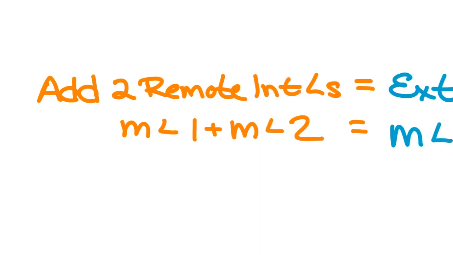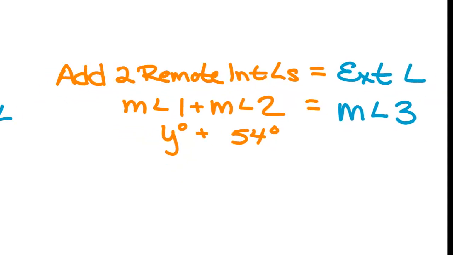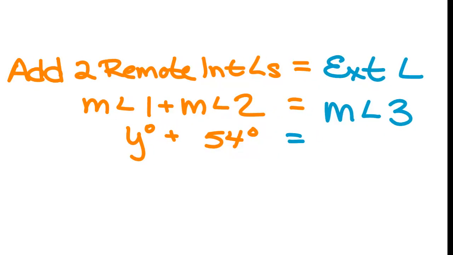So I'm going to take angle 1, which is y, plus angle 2, which is 54 degrees. I'm going to set that equal to angle 3, which is my outside angle, 108. And now what would I need to do to get y all by itself? We're going to minus.